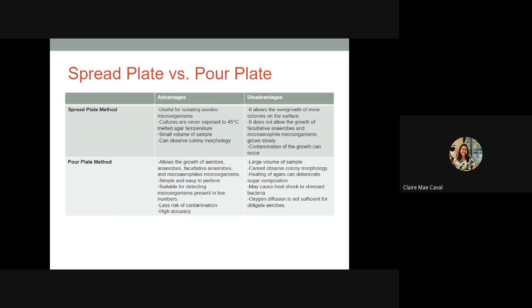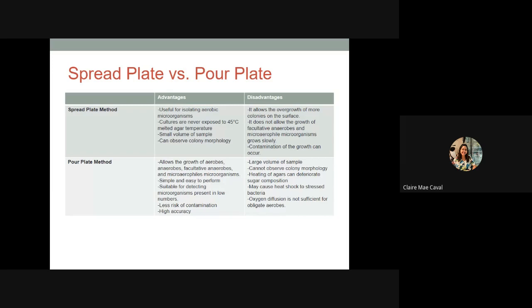Next, cultures are never exposed to 45 degrees Celsius melted agar temperature because in the spread plate method, you do not need to temper melted agar at 44 to 46 degrees Celsius, only in the pour plate method. So this is an advantage because again, heat can cause destruction or it might kill other stressed bacteria.